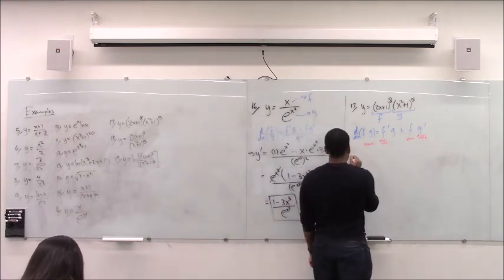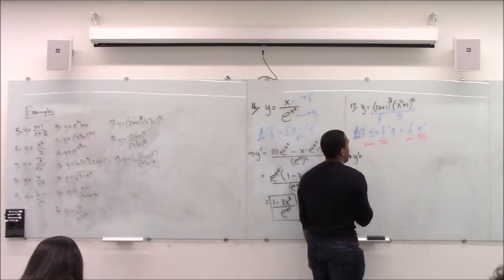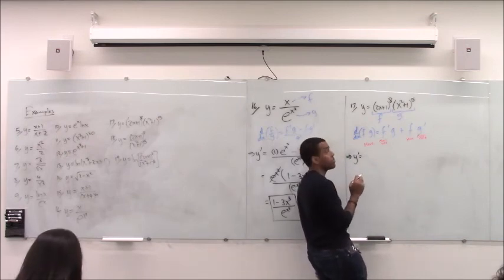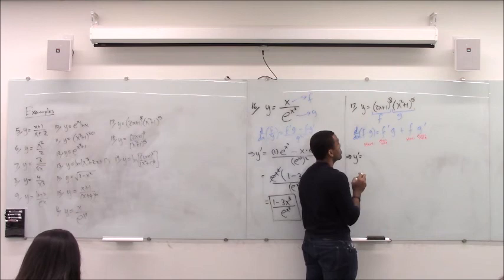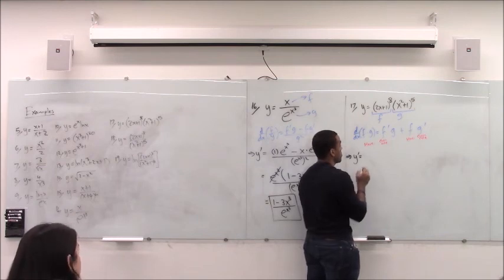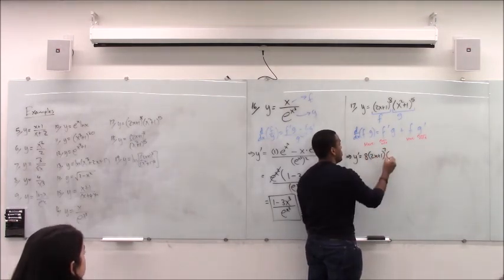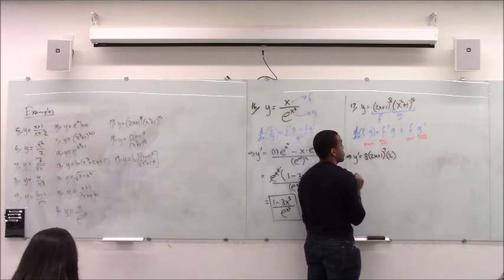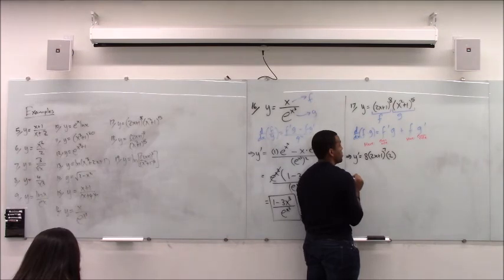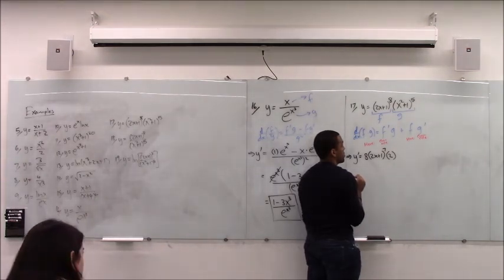So here, what would f prime look like? And then plus x squared plus 1 to the 5th.